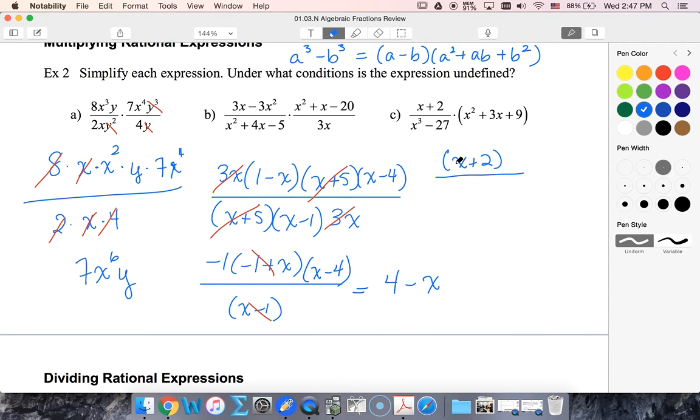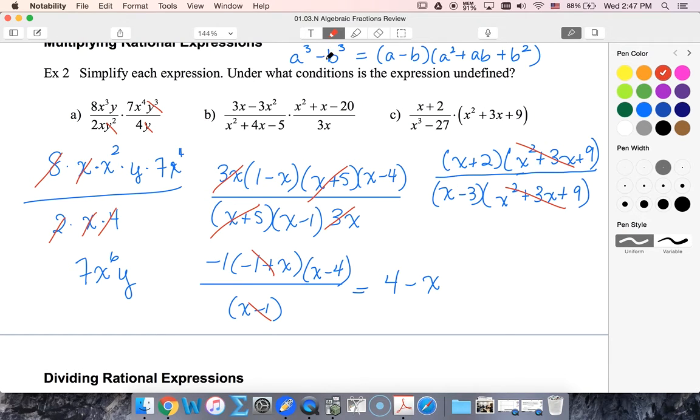In the denominator, I'm going to have x minus 3. Notice this is the same as x cubed minus 3 cubed, times x squared plus 3x plus 9. So following this pattern, I should have left this on top as well. And now I do have terms that cancel. Those are the same. And this is what I'm left with.